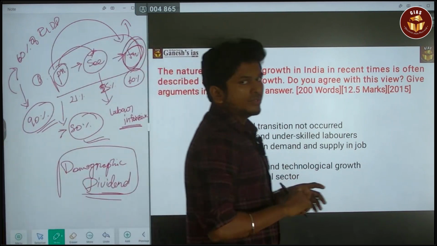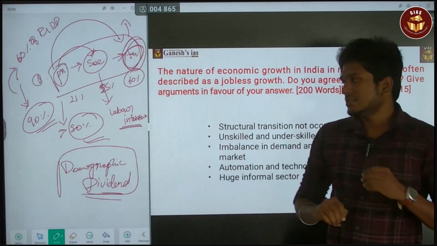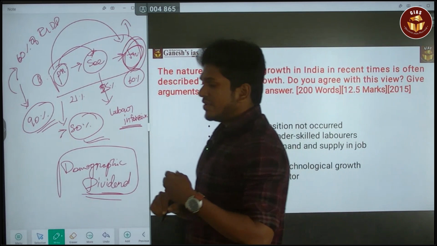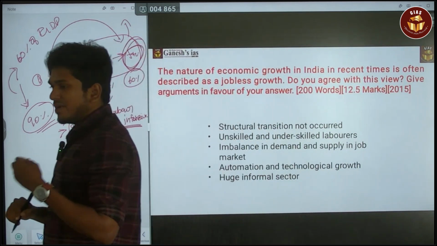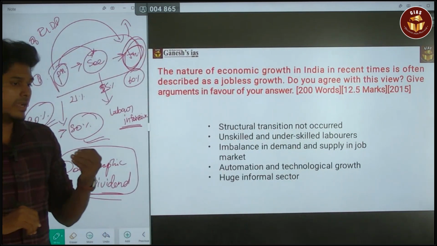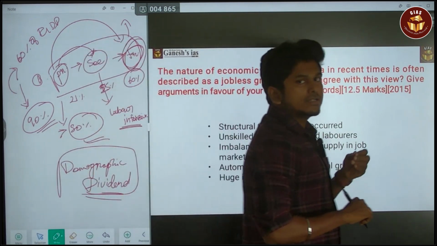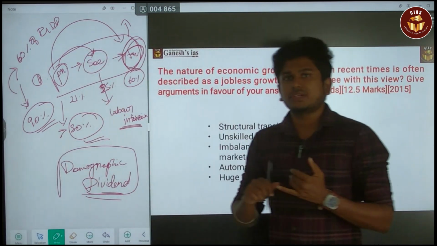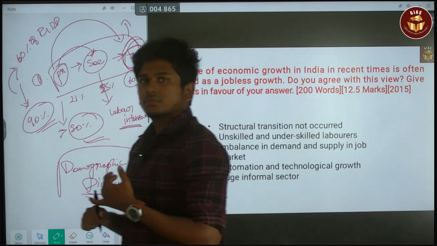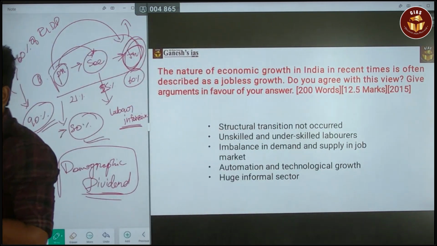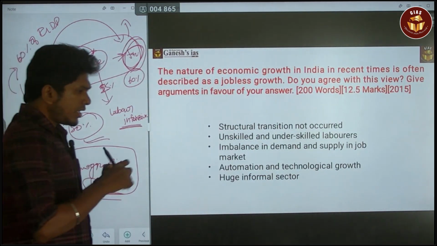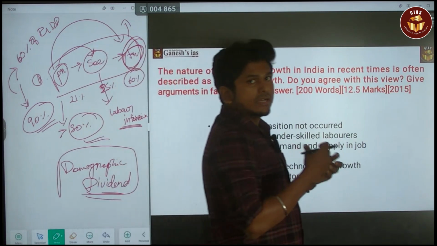This is the major issue. If it is an informal sector, it means they are vulnerable to getting thrown out of their jobs. That leads to frictional unemployment. So it is ready to blast. That is the major issue.